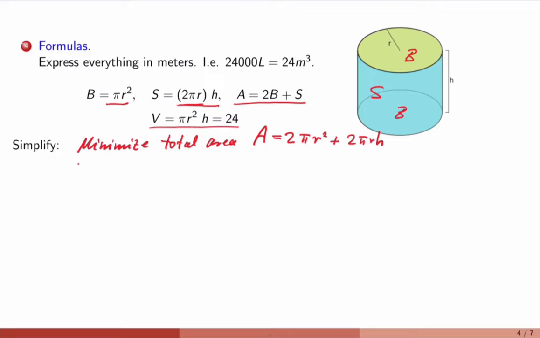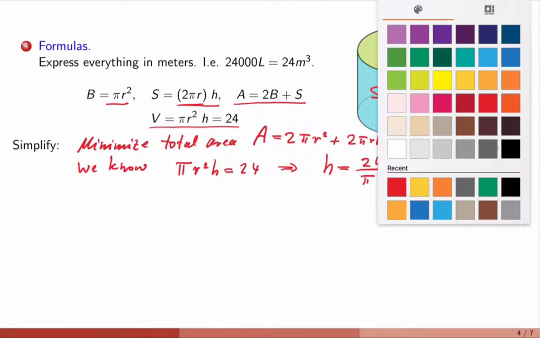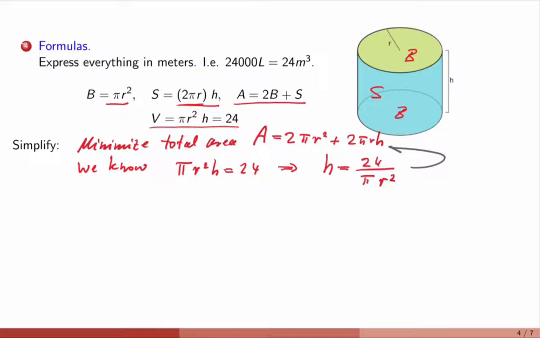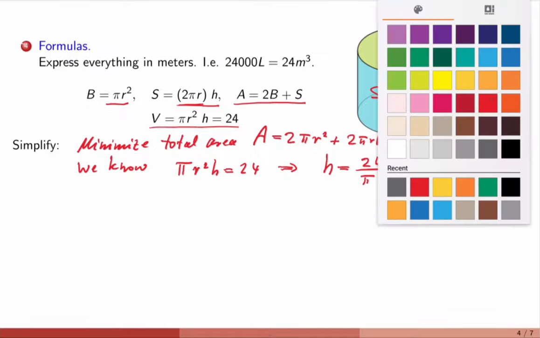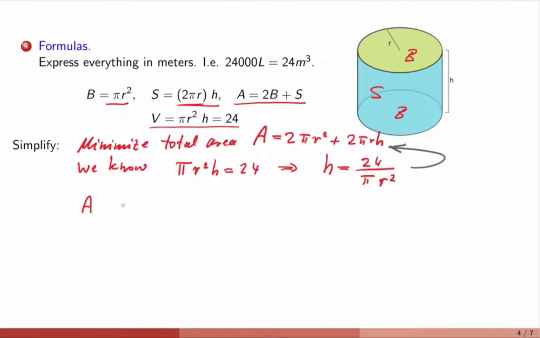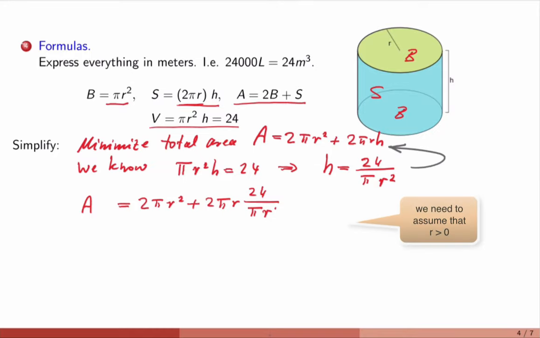So we know that pi r squared times h is equal to 24. Then I solve this for h, and this makes h to be 24 divided by pi r squared. And now I take this and sub it in here. So then I get a equals 2 pi r squared plus 2 pi r, and then replace h with 24 divided by pi r squared.